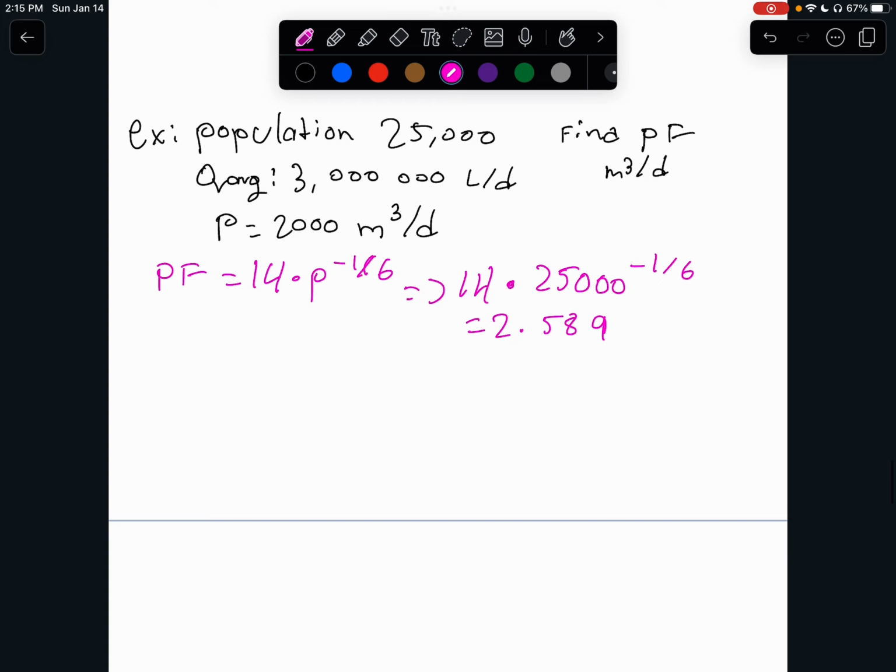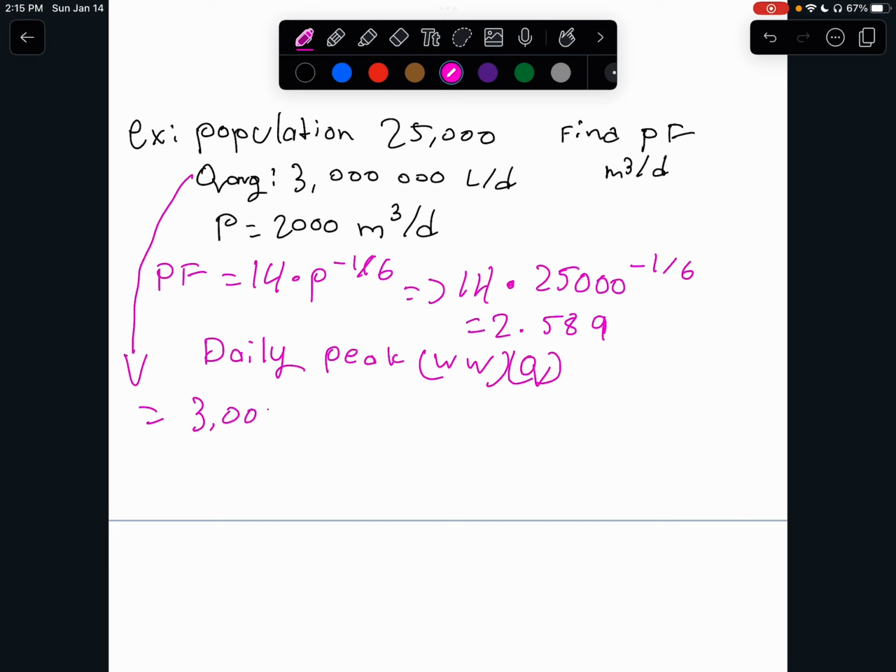So now we're going to find out our daily peak of wastewater flow. So as we find this, remember our Q average of our flow is going to be 3 million, right? And this is good. We're going to times this with our peak factor, remember?